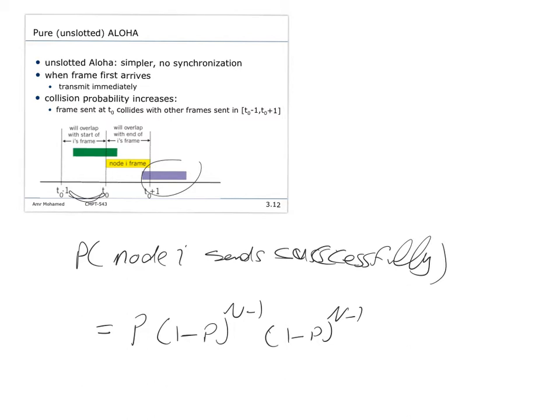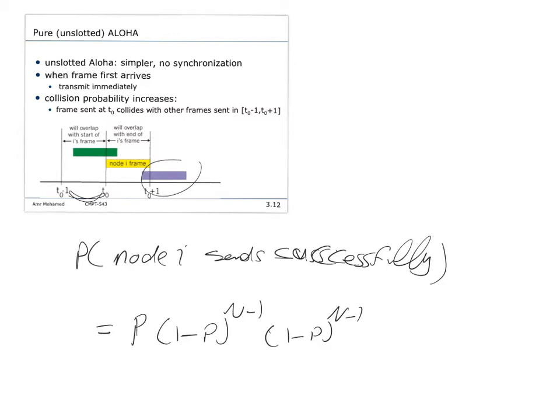Right? Because the same node may actually interfere with this node twice, one before it and one after it. So if any node tries to send before that frame, the collision may happen. If any node tries to send after it, also a collision may happen, because any overlap for us is a collision. So that's the only difference.